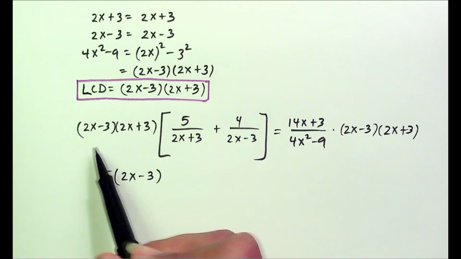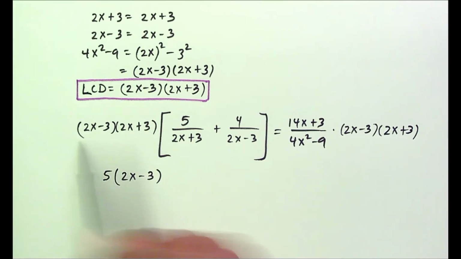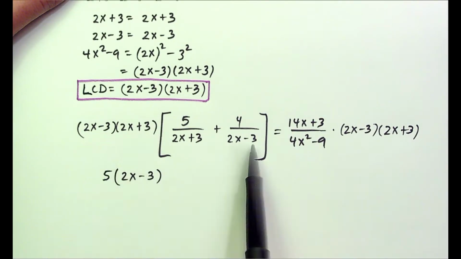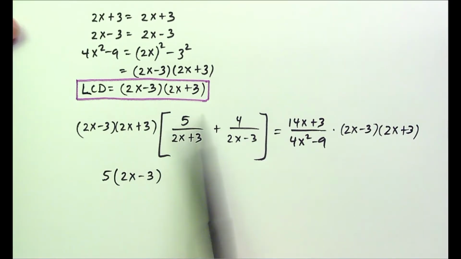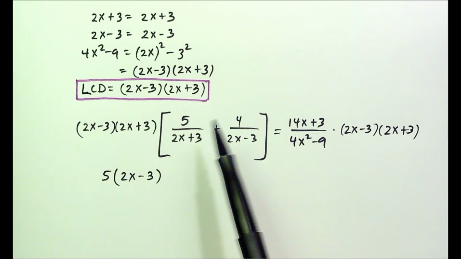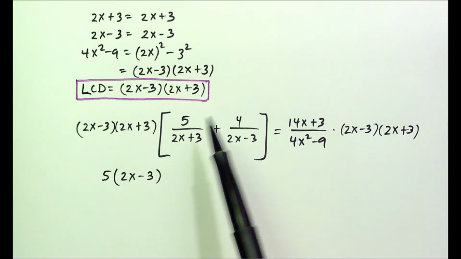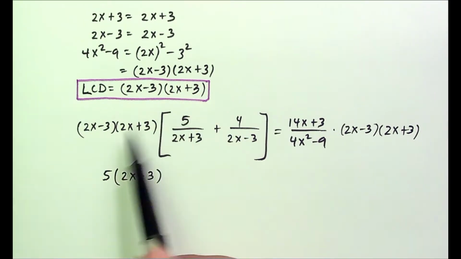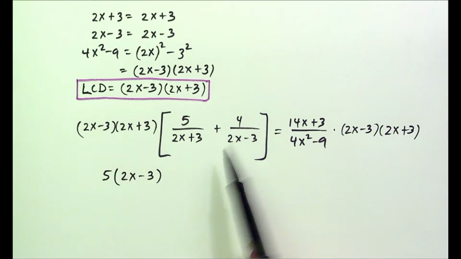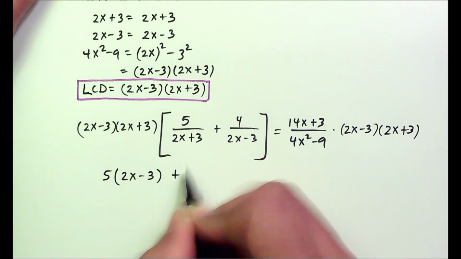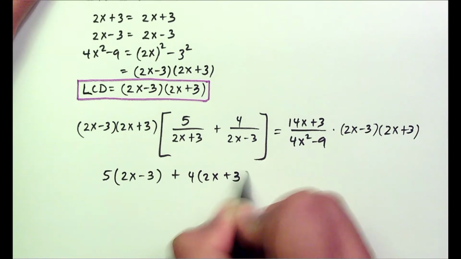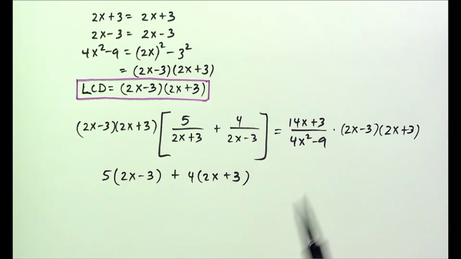You're then also going to distribute this thing with that one. Now, visualize that if you multiply this by that, you can block that one out of view if you want. Just cover it up. If you multiply that by that, the 2x minus 3 would cancel, and you'll be left with 4 and 2x plus 3, okay, because the 2x minus 3 would cancel. So you're left with 4 and 2x plus 3.